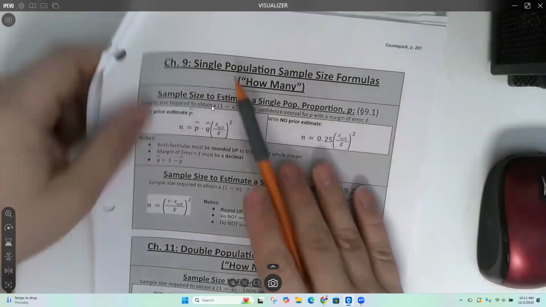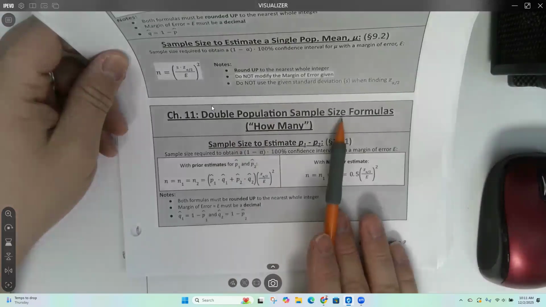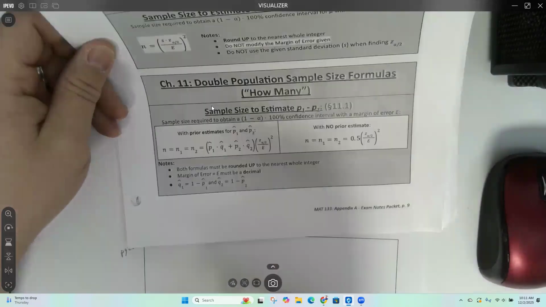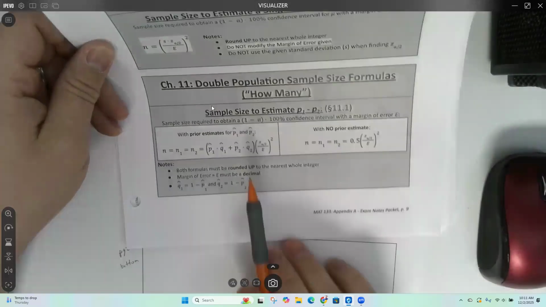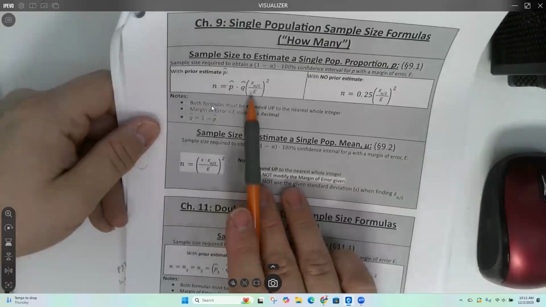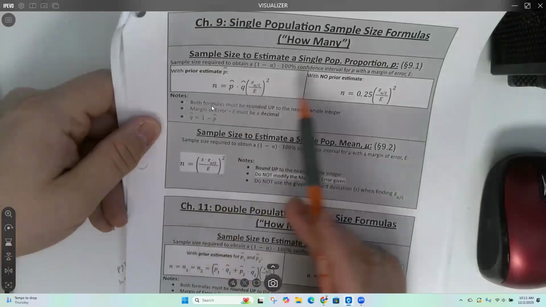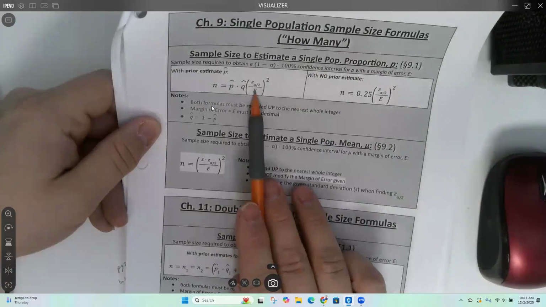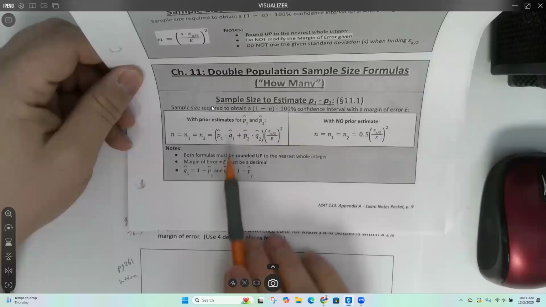We don't have a single population, we have the double population sample size formula. So it's at the bottom. It's very similar to the single one, where p hat, q hat, z alpha over 2, margin of error squared. It looks crazy though.